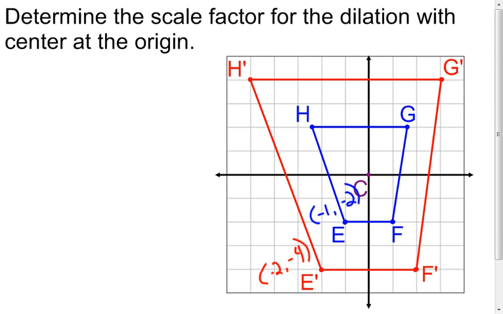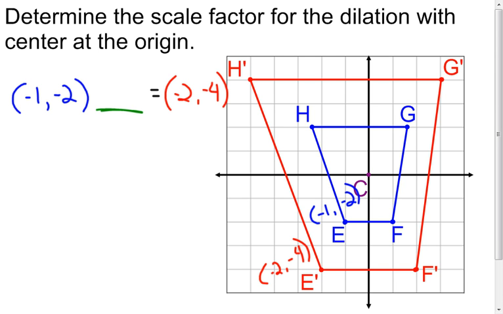Remember, the scale factor is what do I have to multiply these coordinates by? (-1, -2): what am I going to multiply that by to get me to my image, which is at (-2, -4)? And really, I don't need all of this.